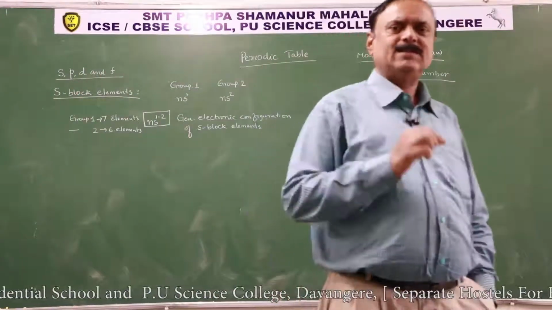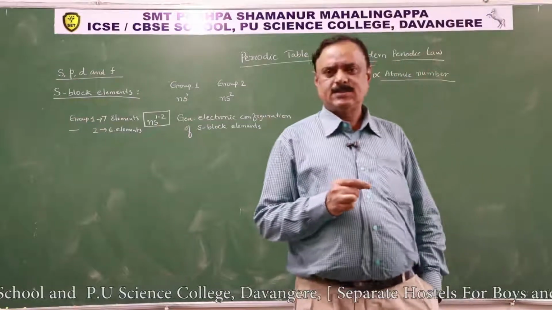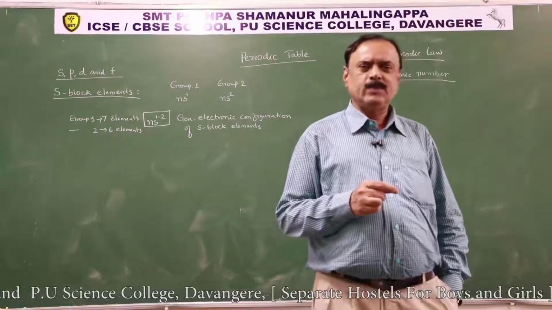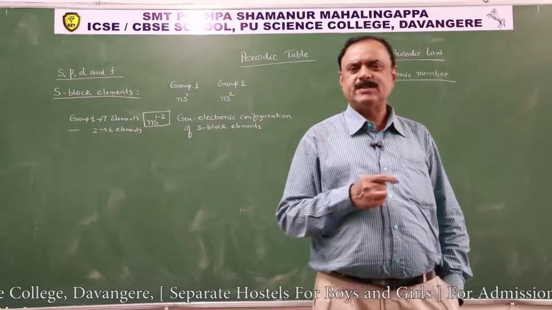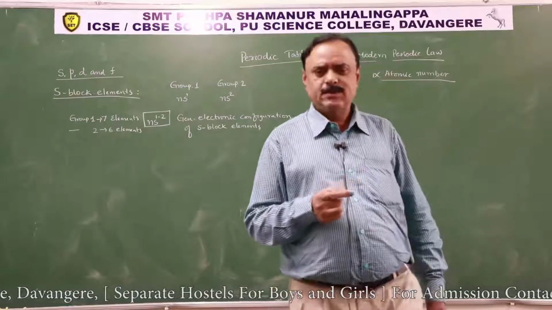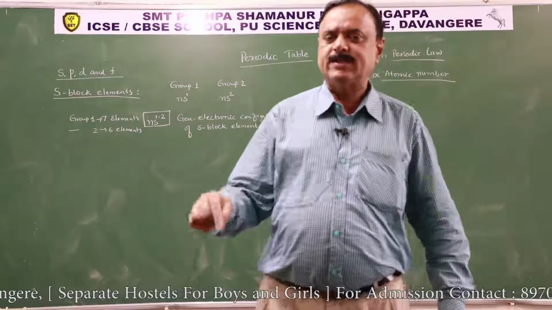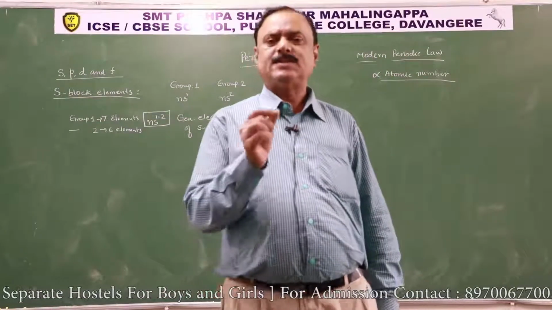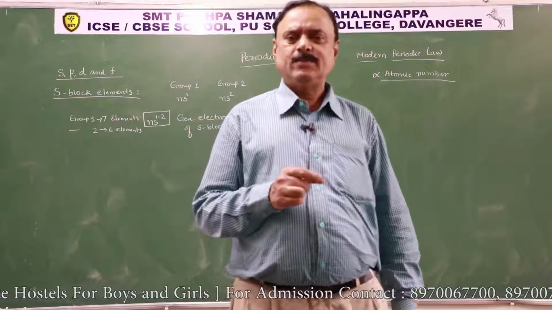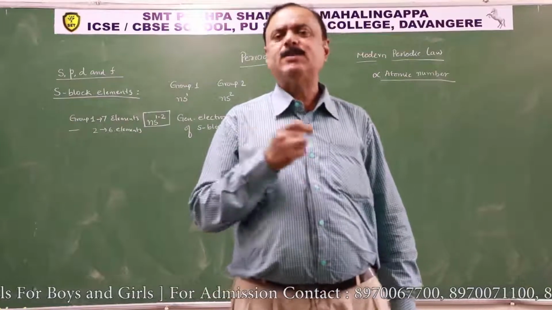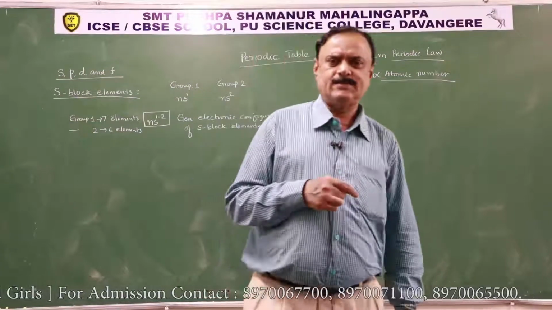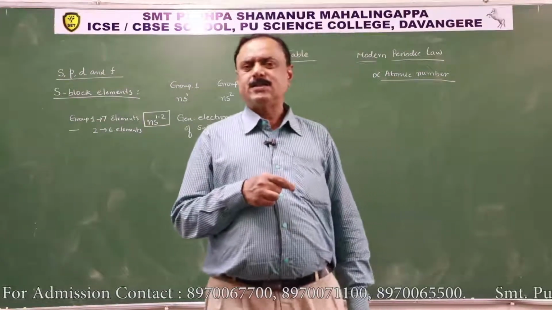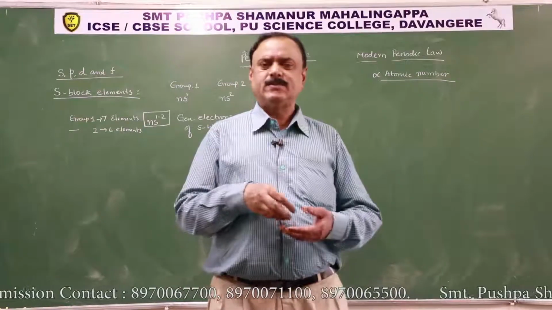Now, out of these 7 elements in the first group, hydrogen is a non-metal because it occurs in the gaseous state at lab temperature. And the last element, francium, possesses unstable nuclei, because with the increase in mass number the stability of the nucleus decreases, and hence it is considered a radioactive element.